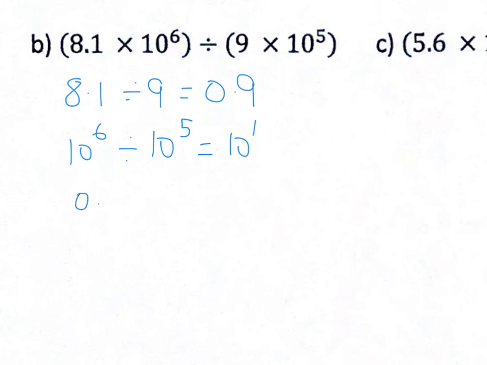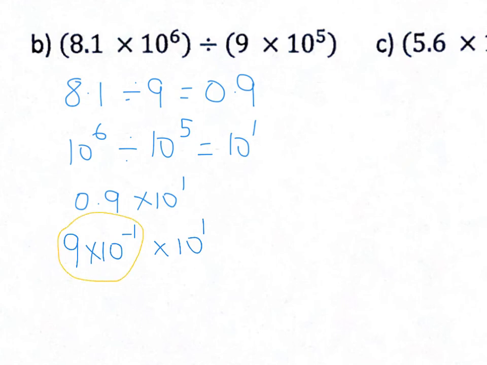So our answer would be 0.9 times 10 to the power of 1. However, our 0.9 is less than 1, so we need to change that from substandard form to standard form, and that's going to go to 9 times 10 to the minus 1, and then multiplied by 10 to the 1.